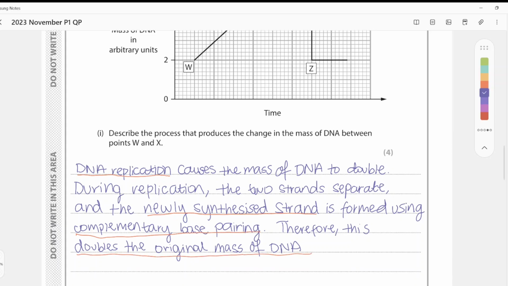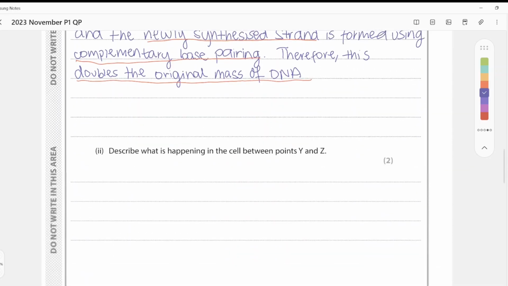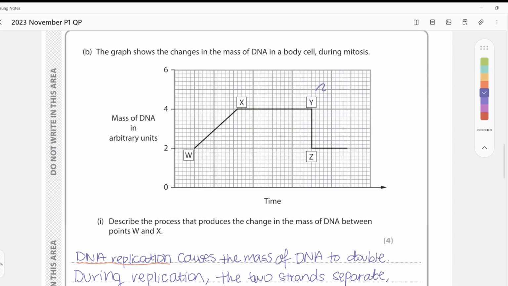All right, the next part 2. Describe what is happening in the cell between points Y and Z. So Y and Z are here, and you can see it drastically halves in the mass of DNA. So what's happening here is that the cell is dividing into 2, right?